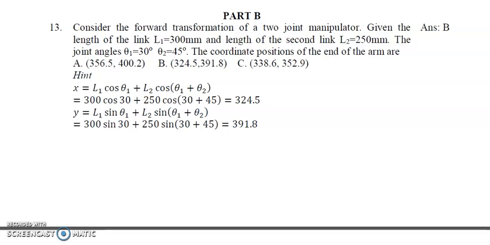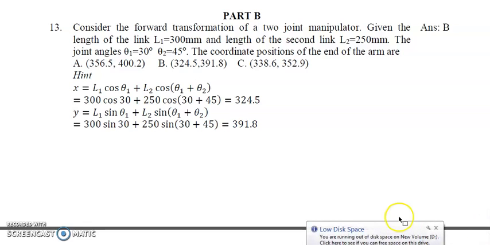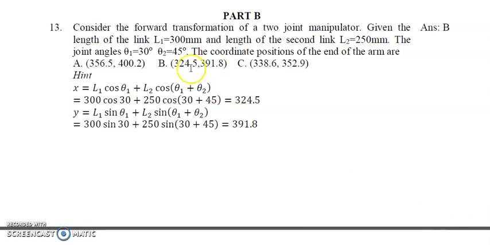That is equal to 300 cos 30 plus 250 cos (30 plus 45), where L1 is 300, theta 1 is 30, L2 is 250, and theta 1 plus theta 2 is 75. That is equal to 324.5. From finding this one value itself we can give answer B, but in some cases, if 324.5 is given in two answers, then it will be a confusion.